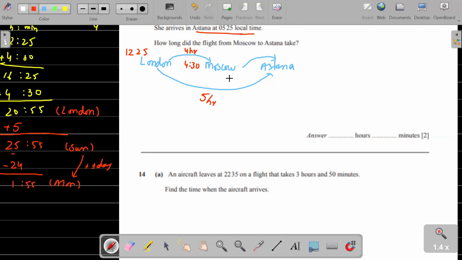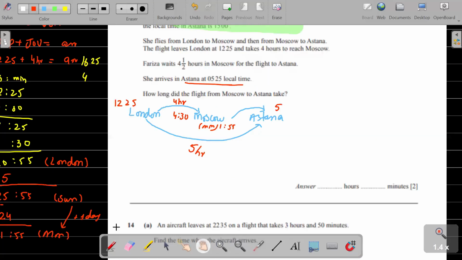And then after waiting and after adding this 5 hours, she left at 1:55 of the next day, which we are assuming was Monday. And she reached there by 5:25. Her arrival time was 5:25.